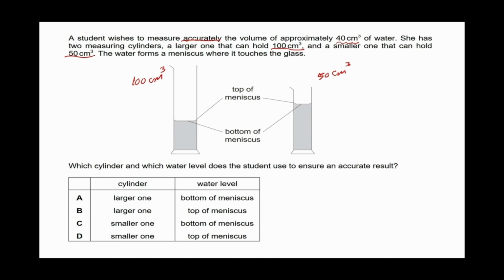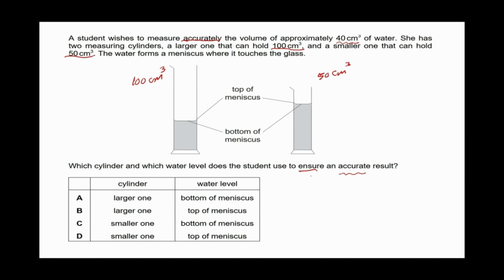Okay, look at the question. Which cylinder and which water level does the student use to ensure an accurate result? Look here. To get an accurate result, the smaller the cylinder is, the more accurate result you can get. Again, as long as a smaller cylinder can hold the amount of liquid we want to get its volume, it is more accurate.